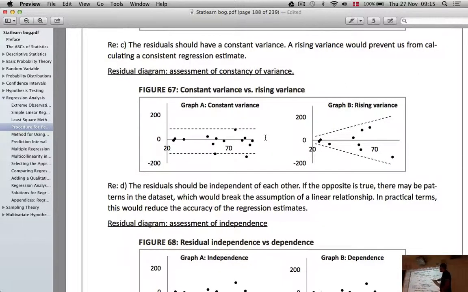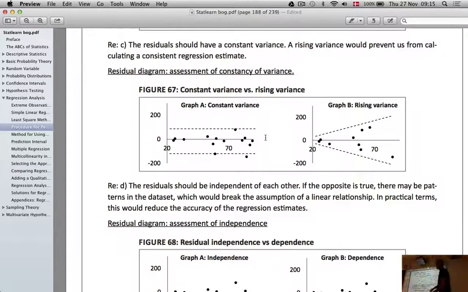In this case here, it appears more that there's a cone-shaped pattern, meaning that there are small changes here, and then further on the changes become wider. So we have to watch out for a cone shape here. I don't think these are the world's best figures, because actually some of the points are identical, but that's the idea. I will show you later how we can see this pattern also.